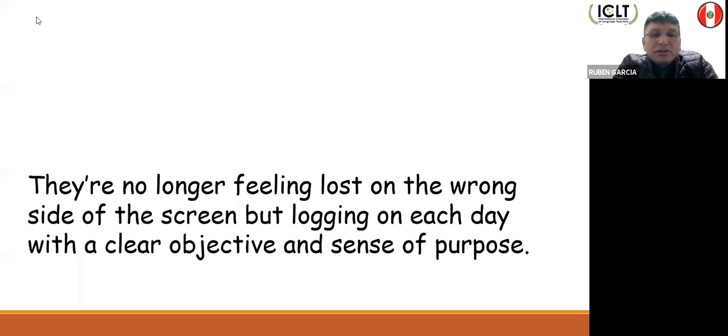So think about your students. What is the purpose of learning? You need to give them a purpose for learning. Not only telling them that English is important because of globalization and all the stuff that they have heard all the time. Give them a purpose. No matter that they live in a non-English speaking country, they can one day face a situation where they can help a tourist, for example.